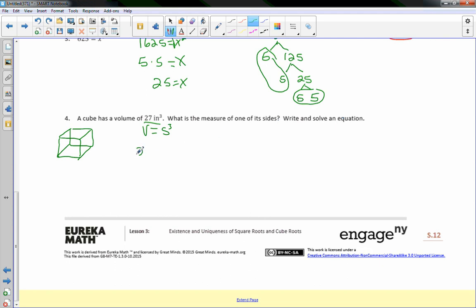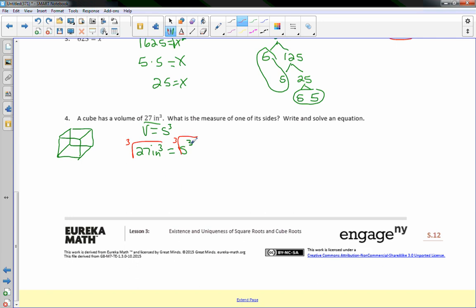So I'd write 27 inches cubed equals s cubed. And again, to get rid of an exponent, we have to take a root of the same index, and that's a cube root. So if I'm cubing, I'm taking cube roots.